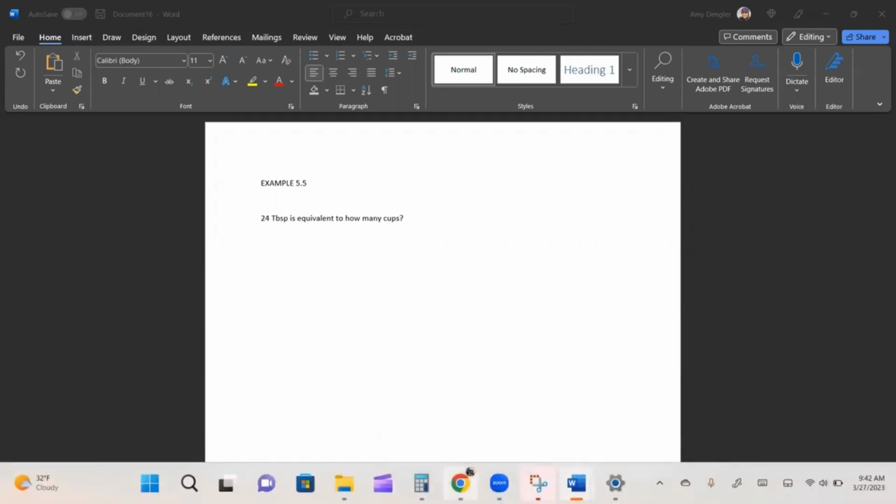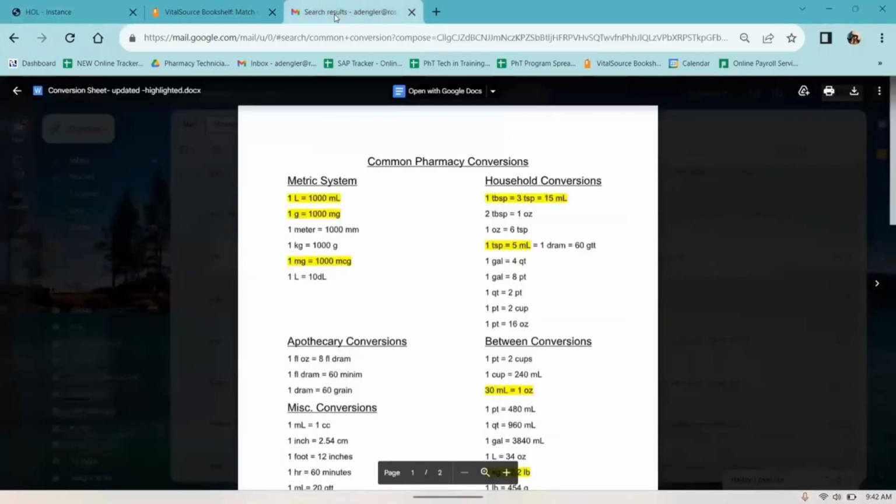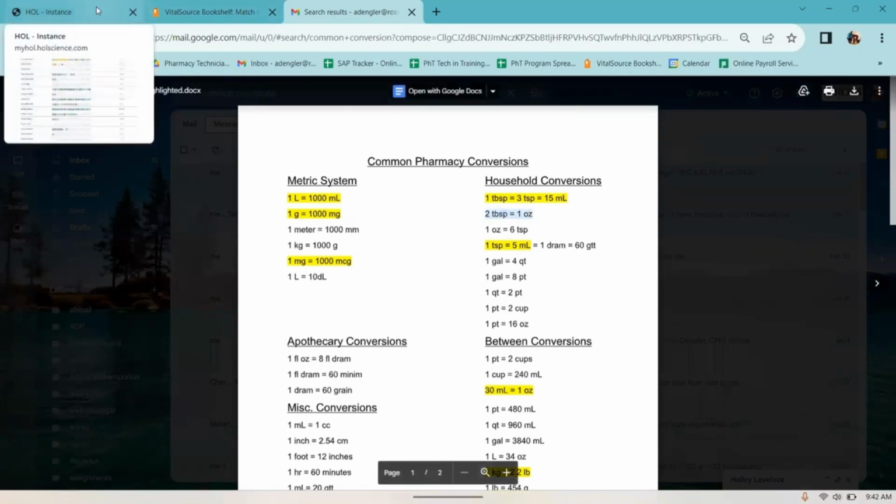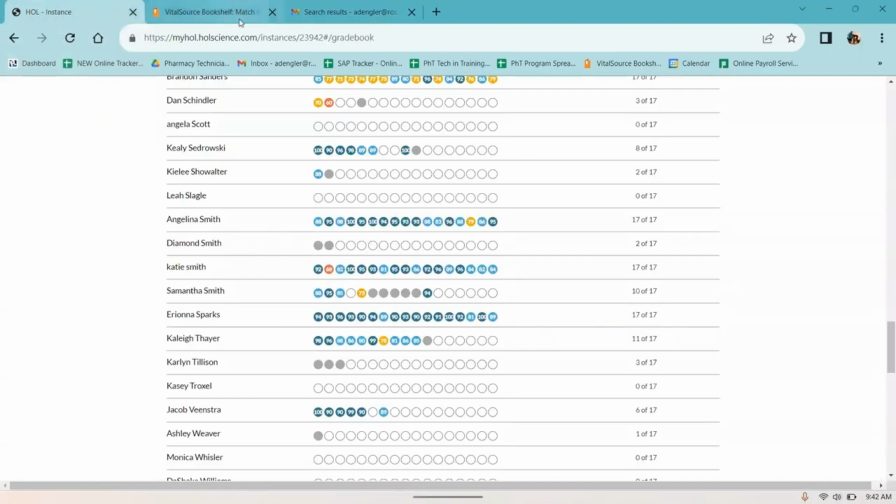I mean, there is technically, but we don't have one on our sheet and there's not one in that table. So we have to do 2 different ones. First, we're going to use the 2 tablespoons equals 1 ounce. We're going to convert it to ounces, and then we're going to convert the ounces to cups.